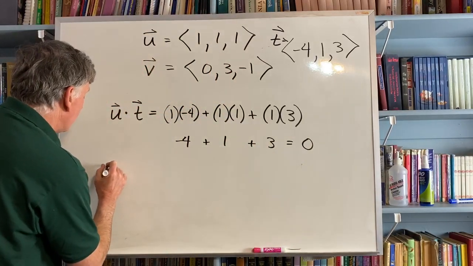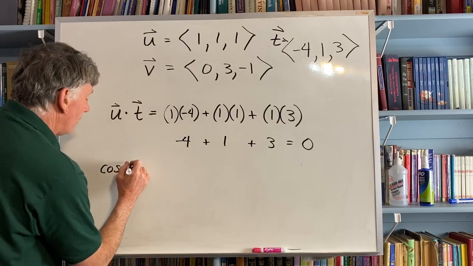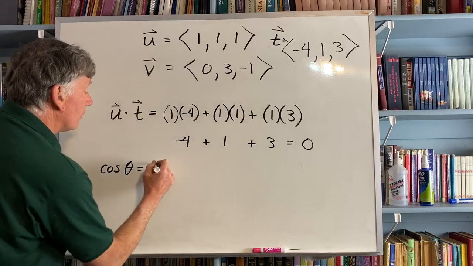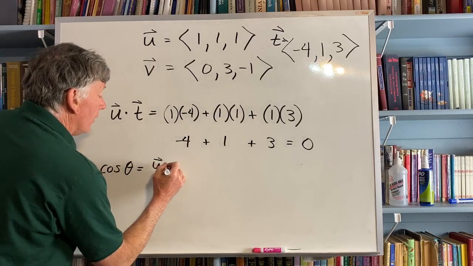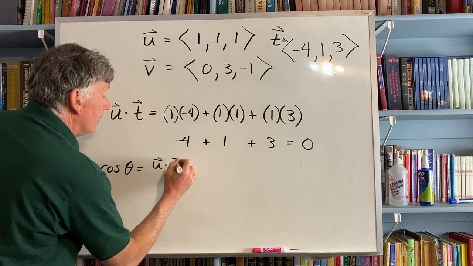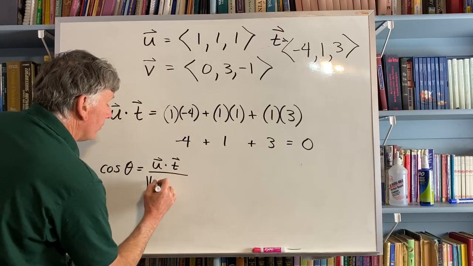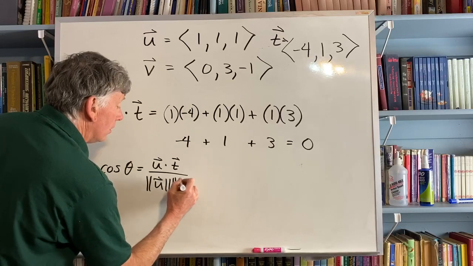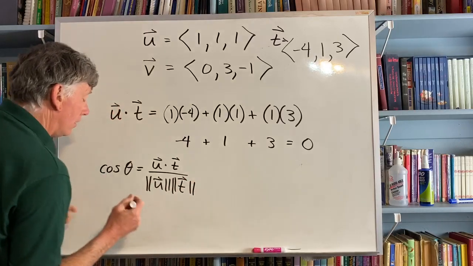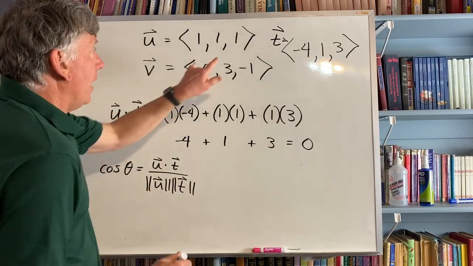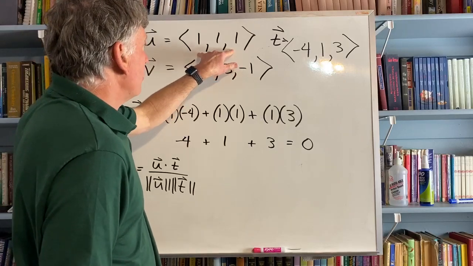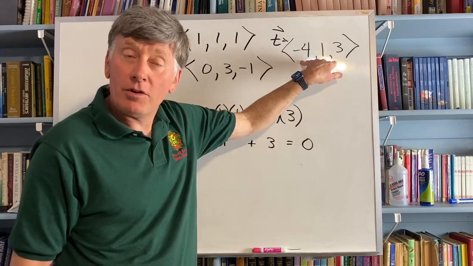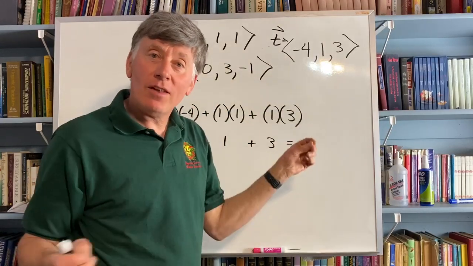The reason I can now be sure that I've got what I want is, remember, for the dot product we have this expression that the cosine of the angle between two vectors is equal to their dot product divided by their magnitudes. I'm not going to calculate the magnitude for this vector or for this vector. I know they're both greater than 0. They have some length.